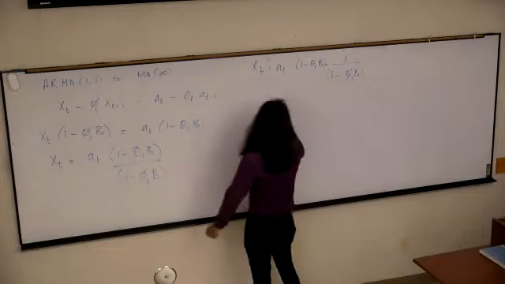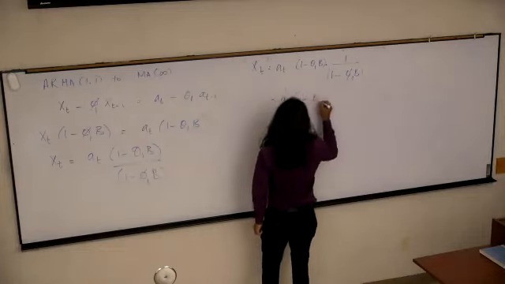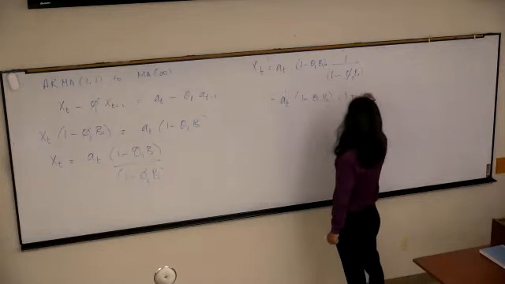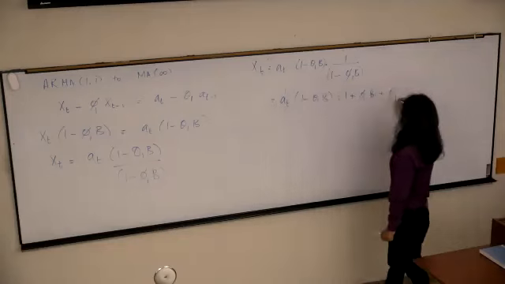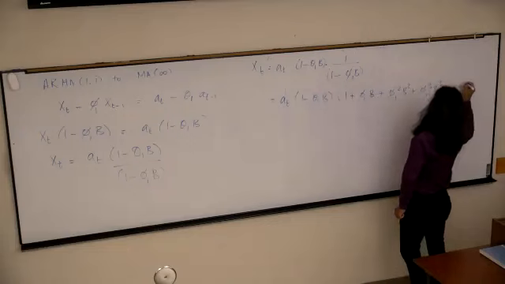So I could rewrite it as at times 1 minus theta1 B times 1 plus phi1 B plus phi1 squared B squared, phi1 cubed B cubed, dot dot dot.